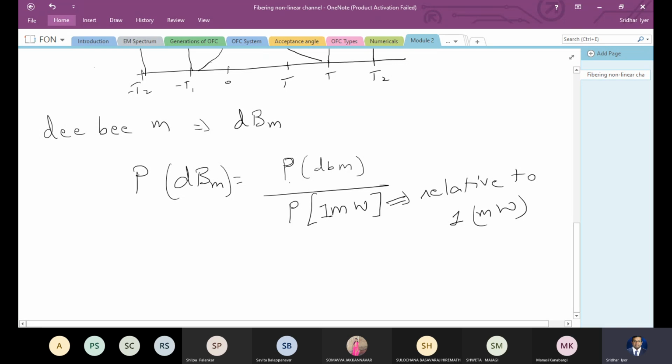So let me write this here as P naught, output power in dBm divided by 1 milliwatt, right? So we'll see how we can actually calculate this dBm, what exactly it means. So we'll do some kind of mathematics based on this, and then based on that we will see how we can use it for attenuation, right?